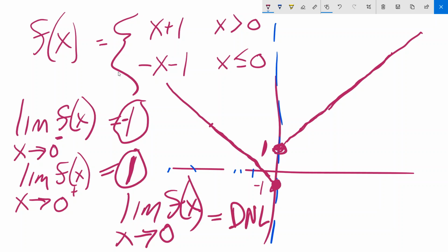It only exists if they're the same. This has to be discontinuous, right? This graph is discontinuous. Is that what it is? Yes. If you have to lift your pencil up off the paper to draw it, it's discontinuous. That's the layman's definition of continuity.